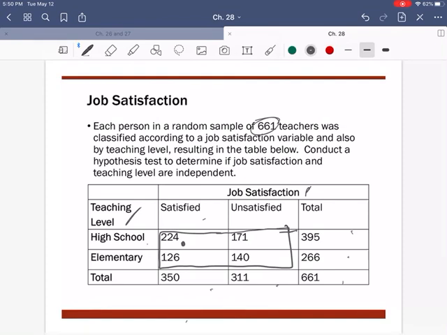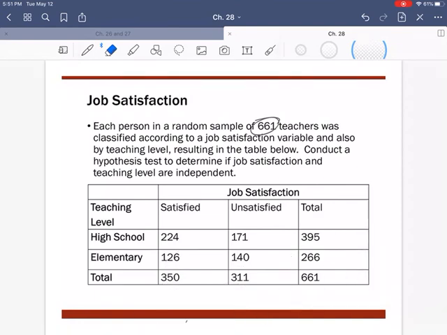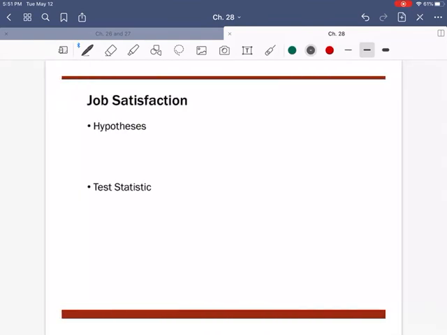So this 224, we're just looking at a two-way frequency table. It's saying 224 of the 661 teachers teach high school and are satisfied with their job, versus 171 teach high school and are not satisfied with their job. So there's all that information, or how we read that table. Again, this is the stuff we care about here.